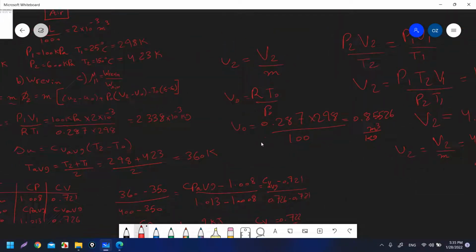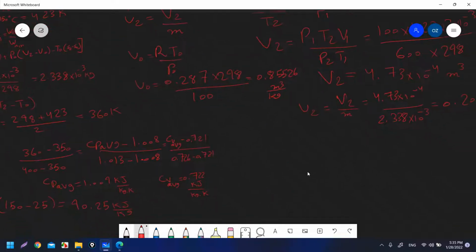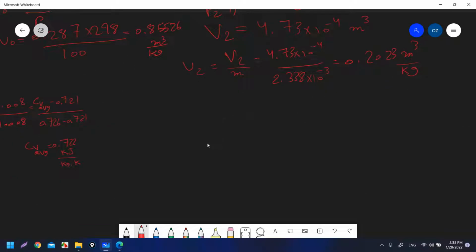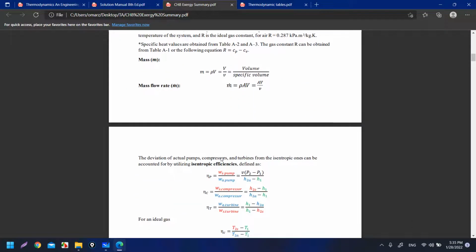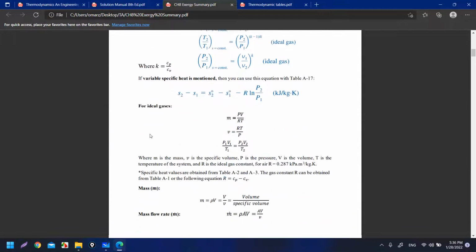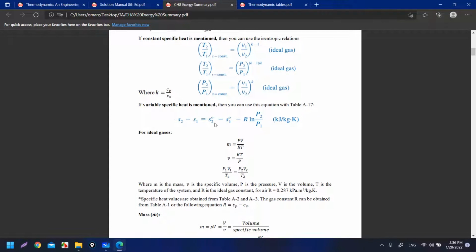The remaining is s2 minus s naught. Okay, we said we will make an assumption. It is a constant specific heat. For constant specific heats, you have to use one of these equations. If it is variable specific heat, you have to use this equation, but nothing is mentioned in the question. It is only an assumption.